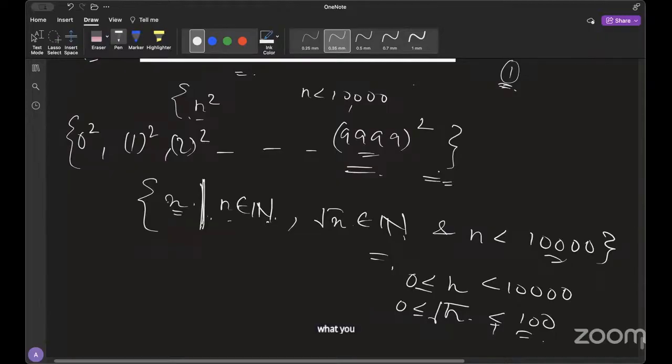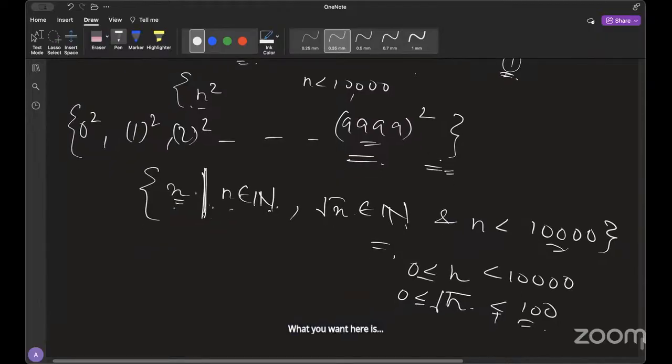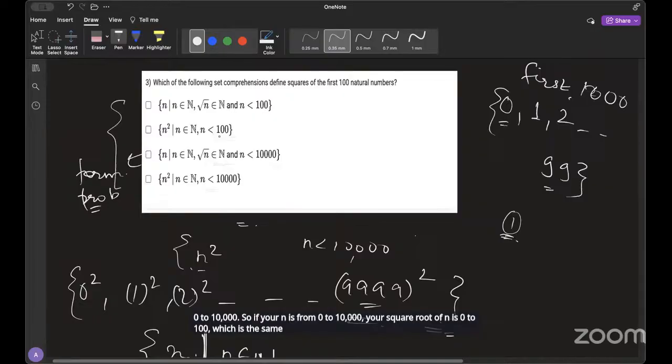What you want here is the collection of natural numbers such that the square root of that natural number is also a natural number, and the natural number you take from 0 to 10,000. So if your n is from 0 to 10,000, your square root of n is 0 to 100, which is the same as this option, right?